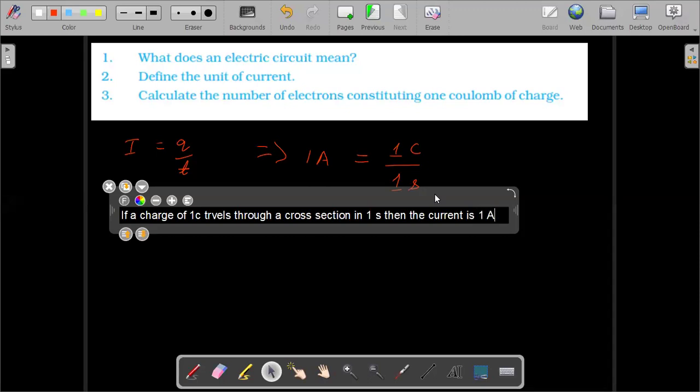So the current is said to be 1 ampere if 1 coulomb of charge flows through a wire in 1 second. Then the current flowing through it will be called 1 ampere. Got it, everyone?